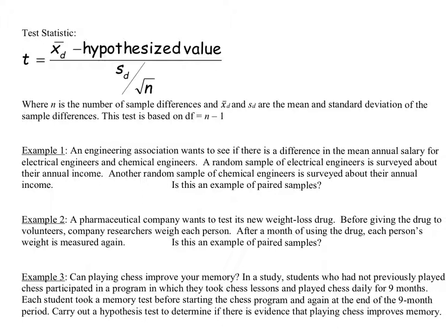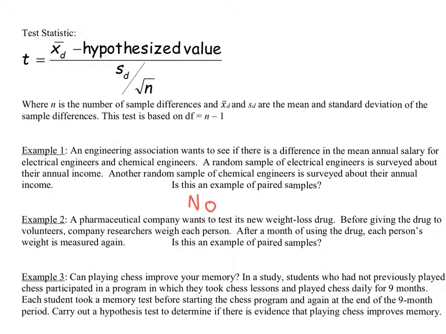Is this an example of paired samples? Well, no, it's not. It looks like we just have two independent samples. They're not telling us that the engineers are brothers and sisters, or that they're taking one from each company. So they are independent, so that is not a paired sample.